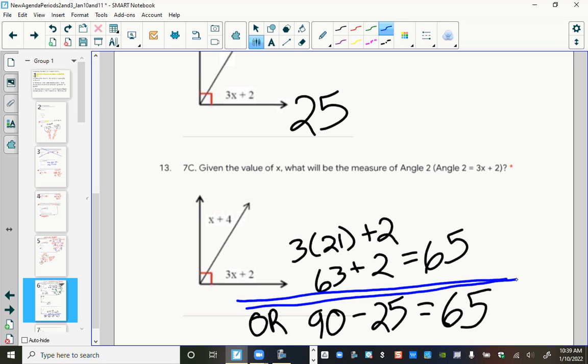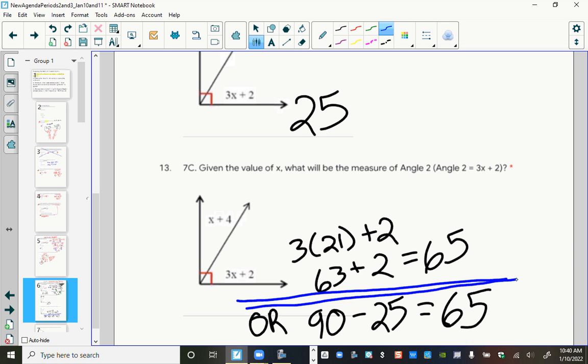If you did this, I would have accepted it, because you told me the total has to be 90, and if this is 25, this one has to be 65. And you did your work fair and square, because the goal also is logic. Be logical with everything. If you write down an answer but don't have logic to it, no good.